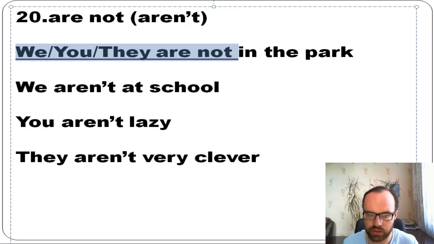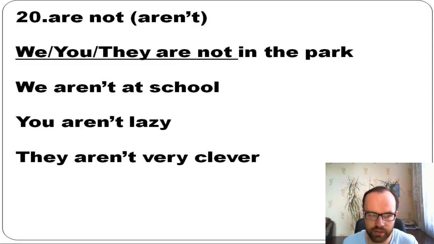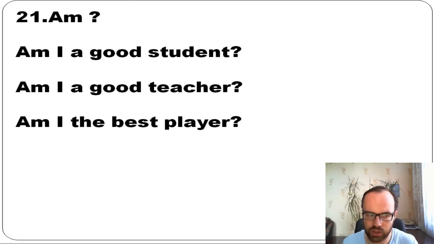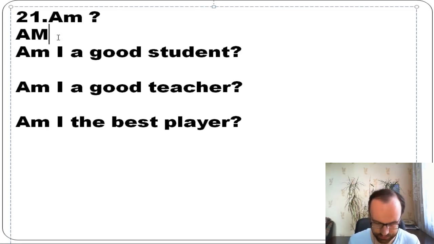More examples. We aren't at school. You aren't lazy. They aren't very clever. So how to form a question? Use am in the beginning if you have I. So am I?